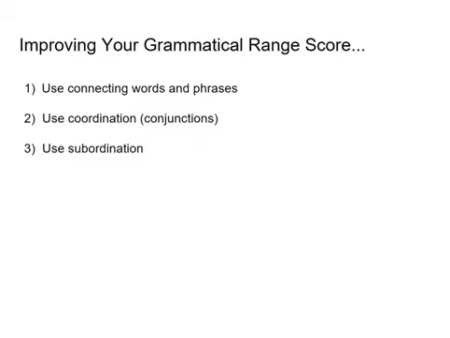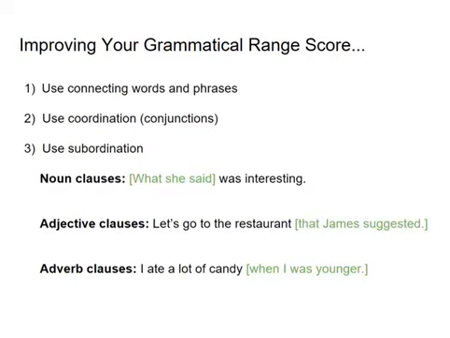Now, even more complex and even better, as we're moving down, we're adding things that would be even better to include to boost your grammatical range score. And this is subordination. Now, coordination and subordination, slightly different. We don't have time in this video to really go over the complex grammar of these things.